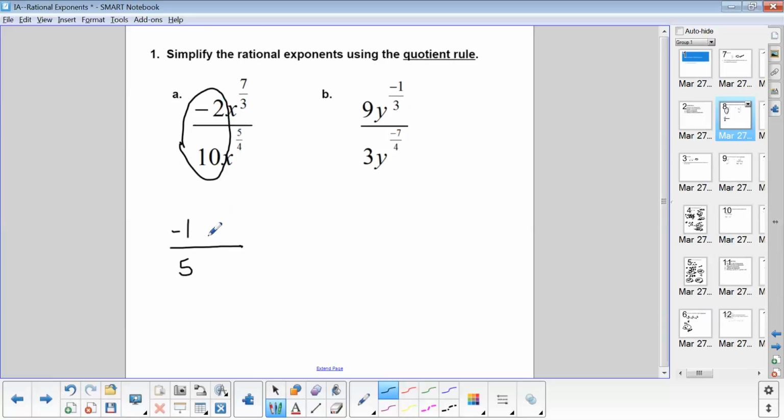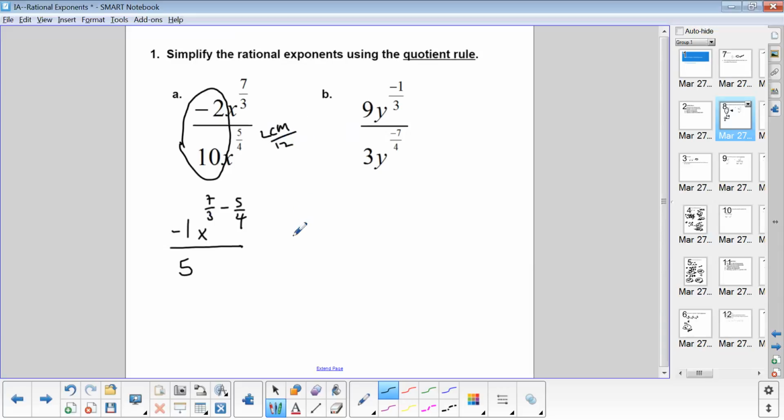Now here, we'll leave everything in the numerator. We'll say x to the 7/3. When I say leave everything, we're just going to leave our work of our subtraction in the numerator: 7/3 take away 5/4. Now that will become thirds and fourths, so the LCM would be 12ths.